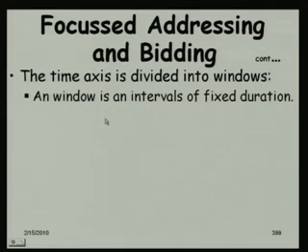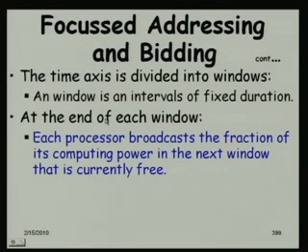The time axis is divided into windows, and the windows are basically fixed intervals of time, and at the end of each window each processor will do a broadcast. They will examine their own status table and find out, for the next window, what is the fraction of processor time that is free at that instant.